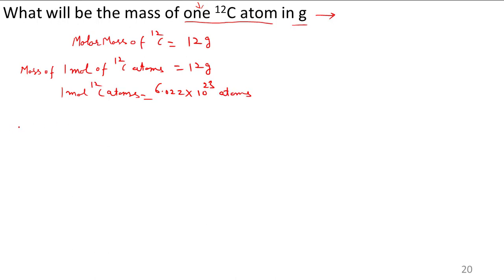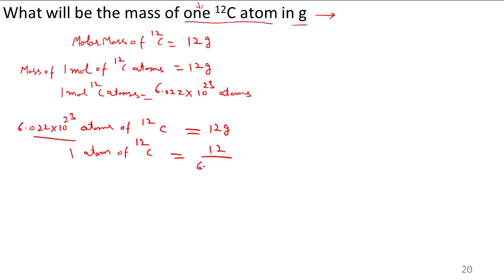So we can write, 6.022 into 10 raised to power 23 atoms of carbon-12 have a weight equal to 12 gram. We have to calculate for one atom. So one atom of C-12 will have a weight of 12 divided by 6.02 into 10 to the power 23 grams.